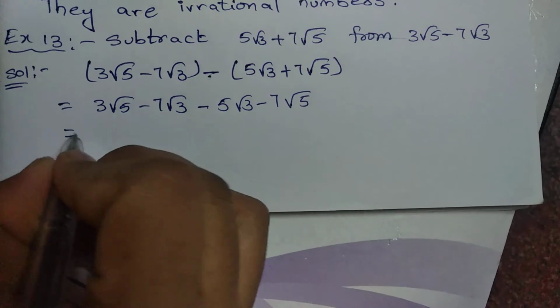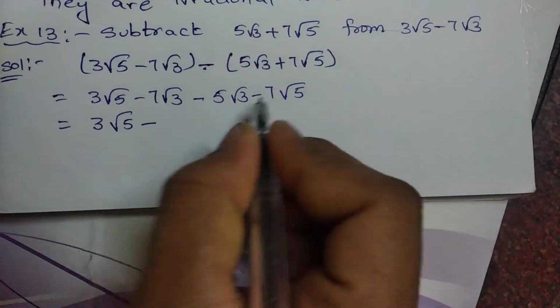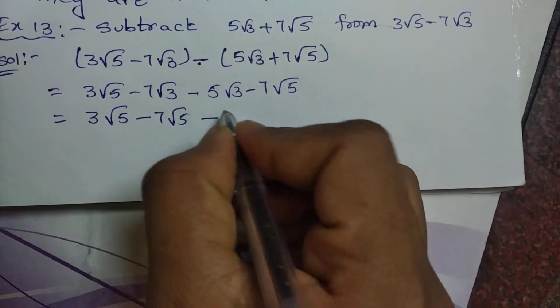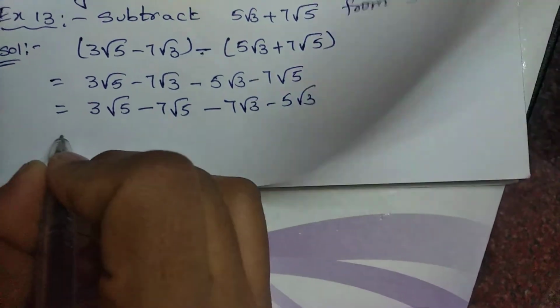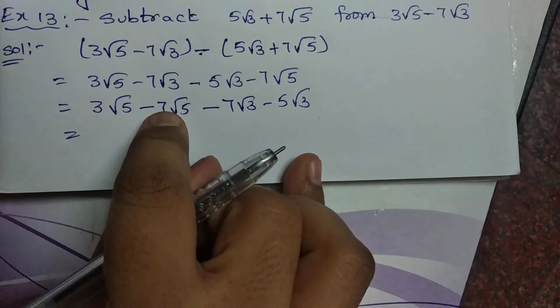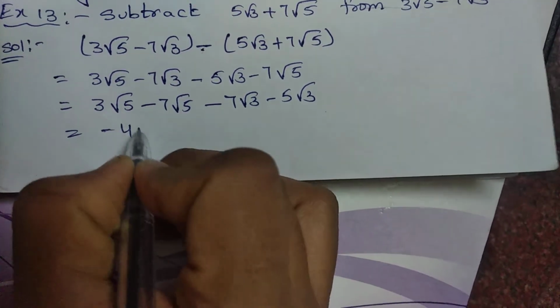Now take root 5 first: 3 root 5 minus 7 root 5, and then minus 7 root 3 minus 5 root 3. Here root 5 is common, so 3 minus 7 is minus 4, so minus 4 root 5.